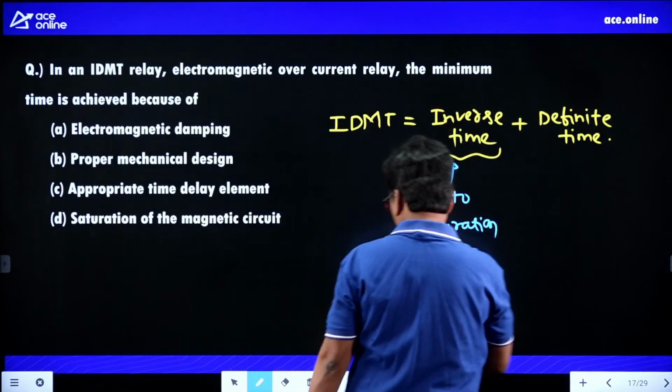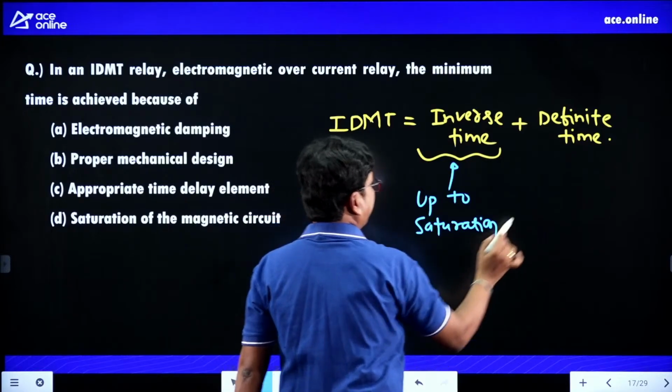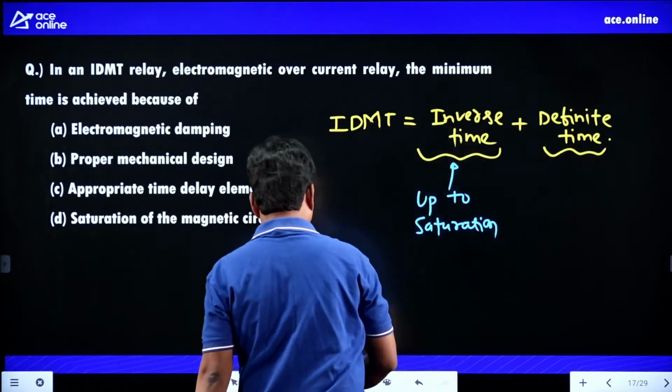And definite time characteristics after the saturation.